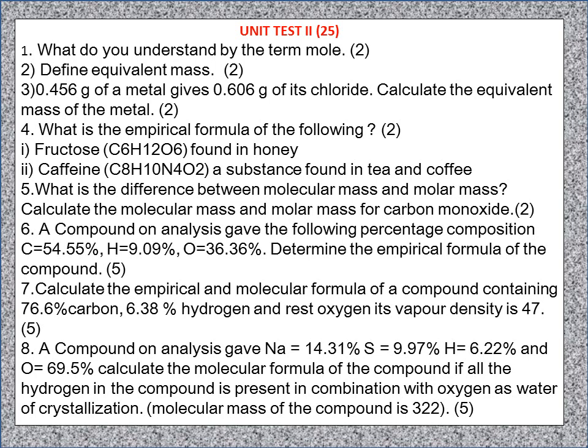Just find out the ratio and divide. What is the difference between molecular mass and molar mass? Calculate the molecular mass and molar mass of carbon dioxide. And for the 6th, 7th and 8th questions, you have to find out empirical formula and molecular formula. So complete it and see that you understand the concept well.